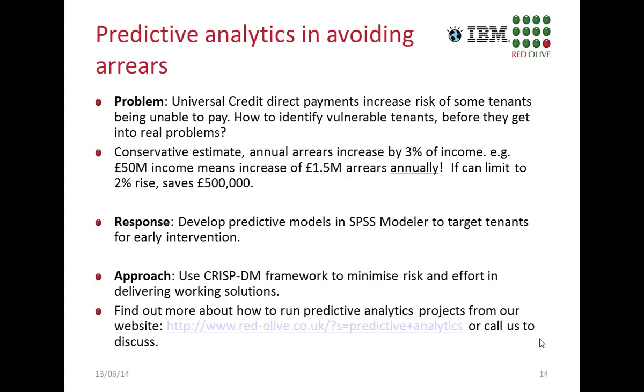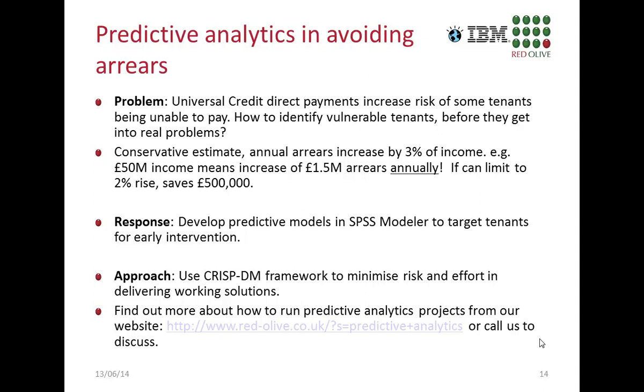Just to give you some idea of the scale of the problem, some of the housing associations that we've been speaking to have estimated that they're likely to get a rise of between 4 and 10% annually in arrears, and that's off a base of roughly 0.5% today in many cases.